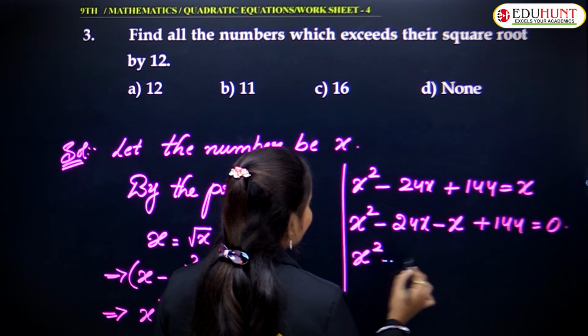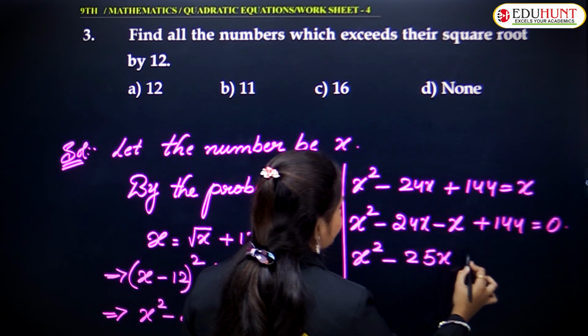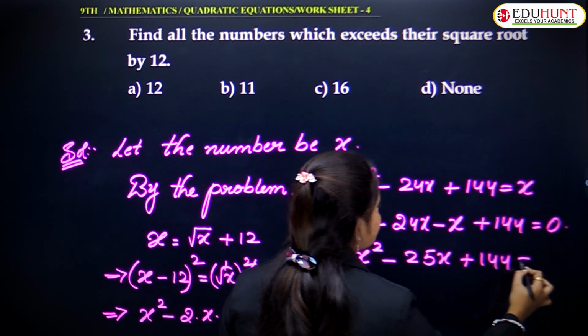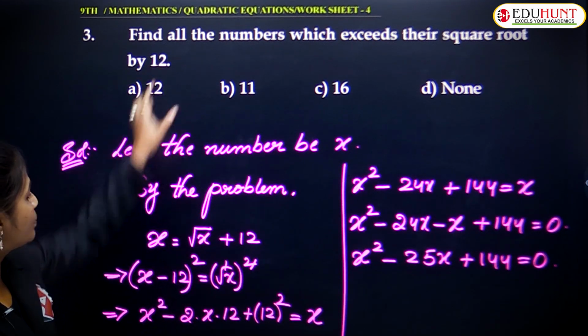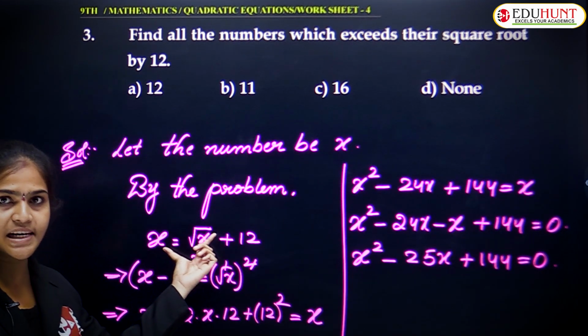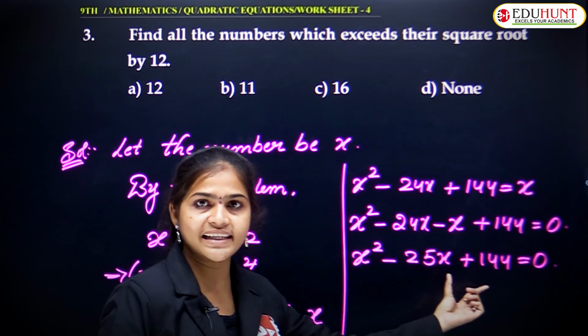So x square minus 24x minus x, which is 25x, plus 144 is equal to 0. Understand? First we converted the word problem into a mathematical statement. After that, we converted it into quadratic equation form.